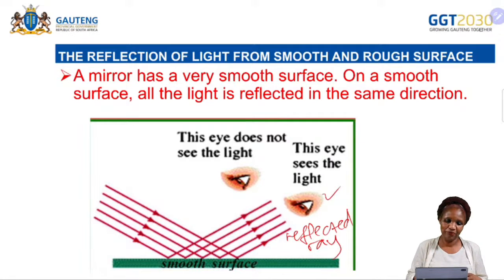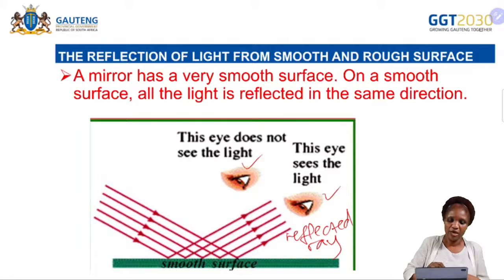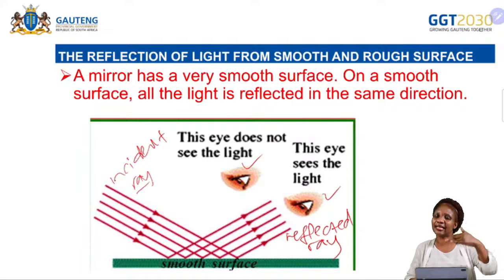And then when you look at this eye, it does not see the light. This is the eye we are talking about. It doesn't see the light. Why doesn't it see the light? Because there is no light that is being reflected to it. Okay, this is the incident ray. It is the incoming ray.